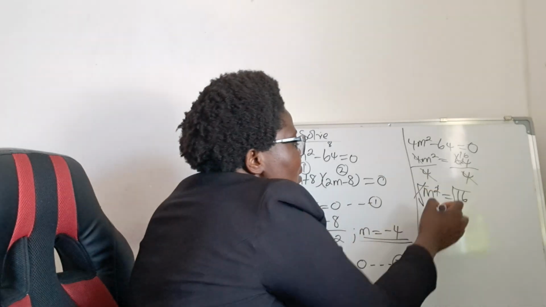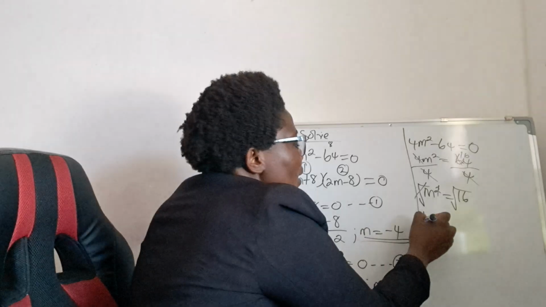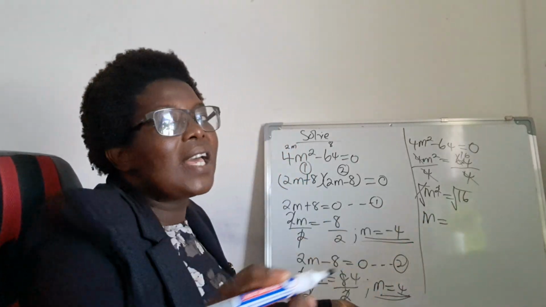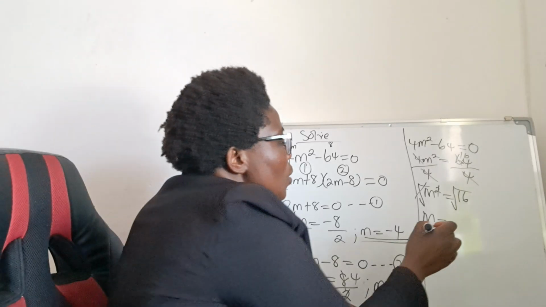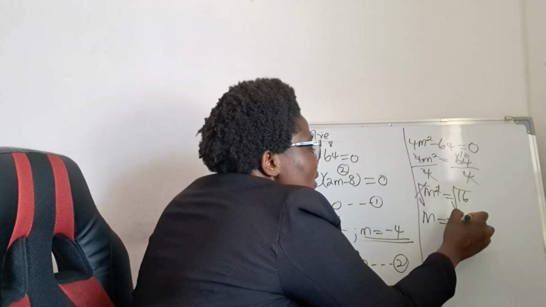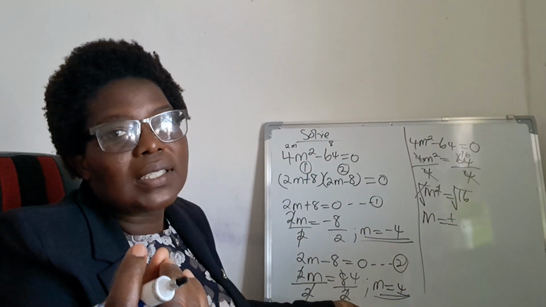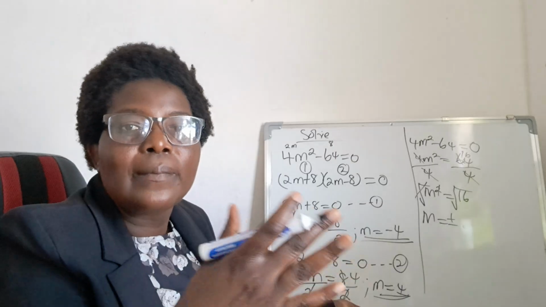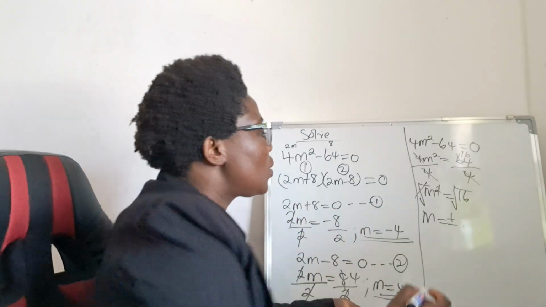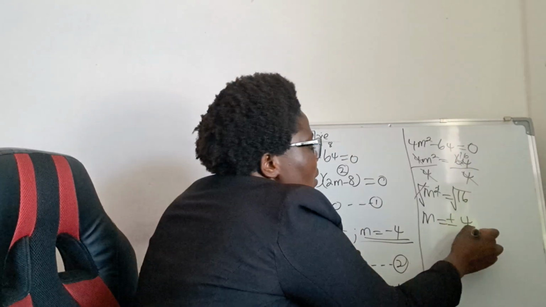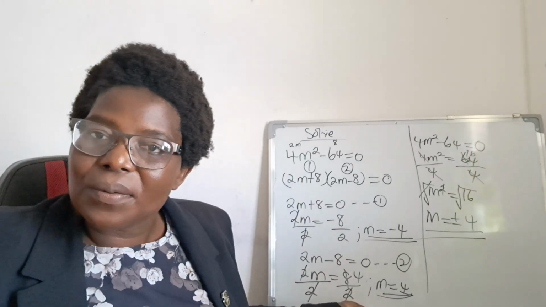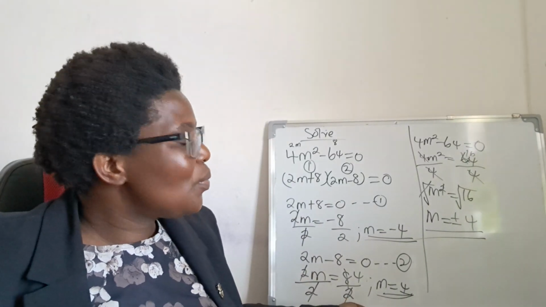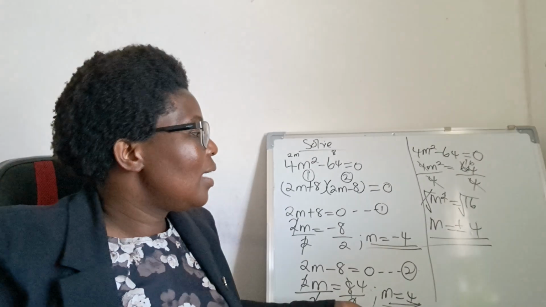Therefore, this will cancel each other, and then m will be equal to the square root of 16, that's 4. So the possible answer for a quadratic is always plus or minus. Therefore the answer for this question will be plus or minus 4.